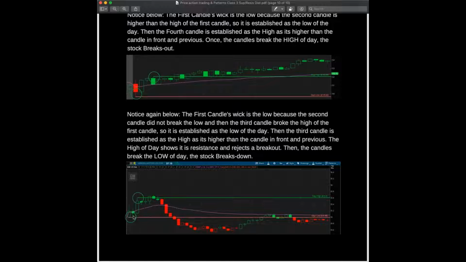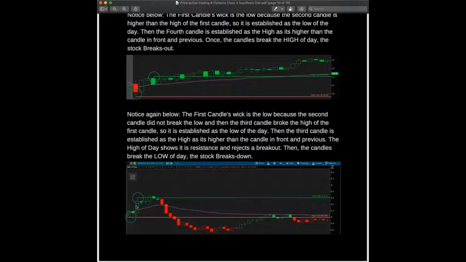So it doesn't make a lower low, and it doesn't make a higher high. Now the third candle does make a higher high, and then the fourth candle makes a lower high. So because the third candle makes a higher high, automatically the first candle is our day's low.